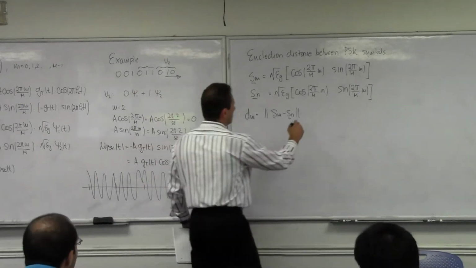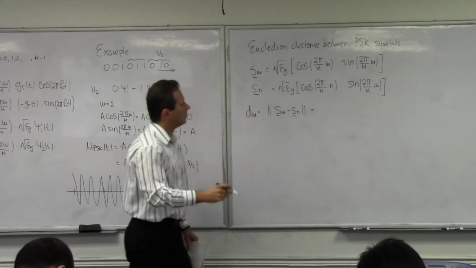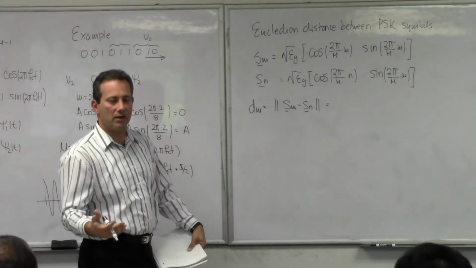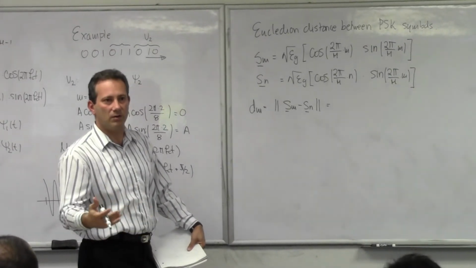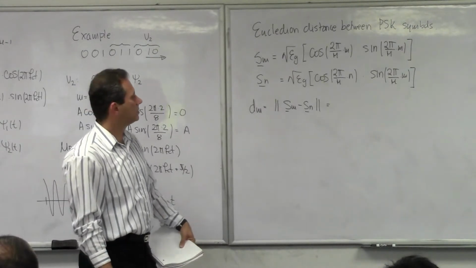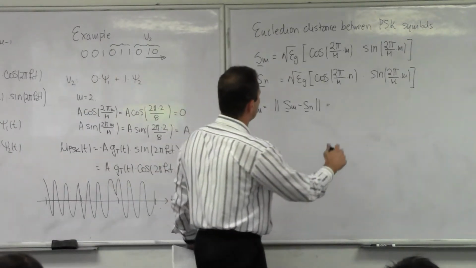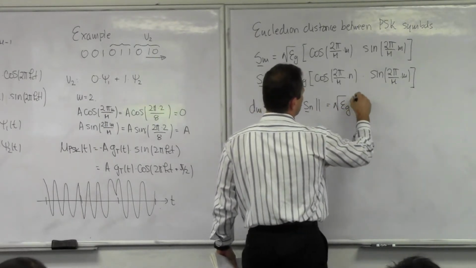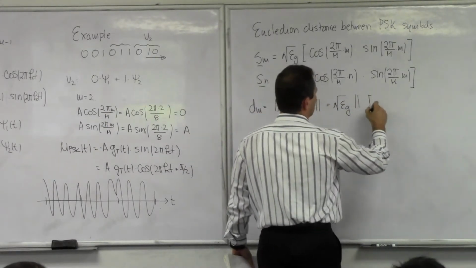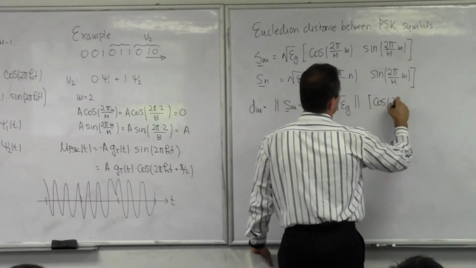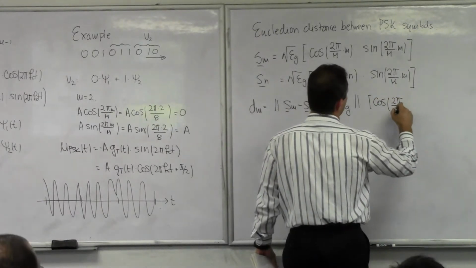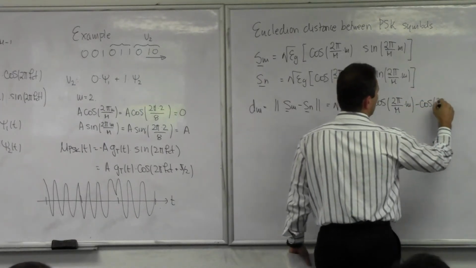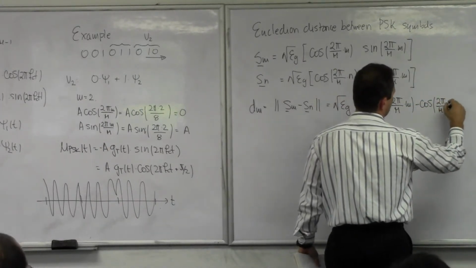So when we derive this kind of representation, we show that you can calculate this distance either in time domain or in a vector domain. So I'm just going to do this as a straightforward calculation in a vector domain. So I'm looking at the square root of energy, norm of the vector, that is cosine 2 pi over M times m minus cosine of 2 pi over M times n.